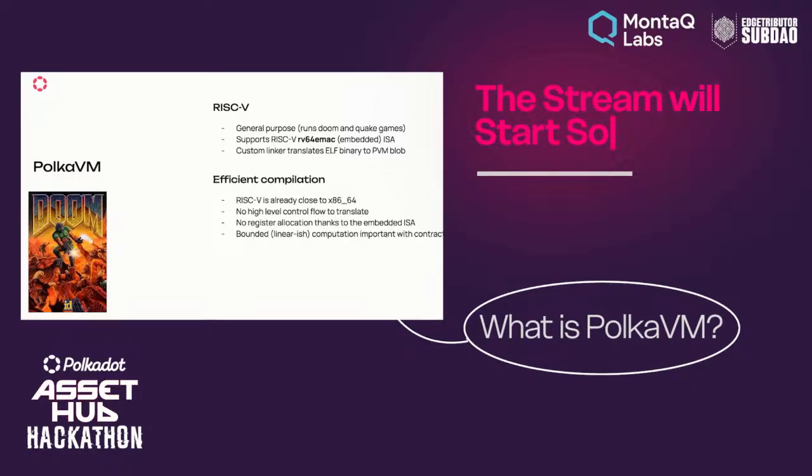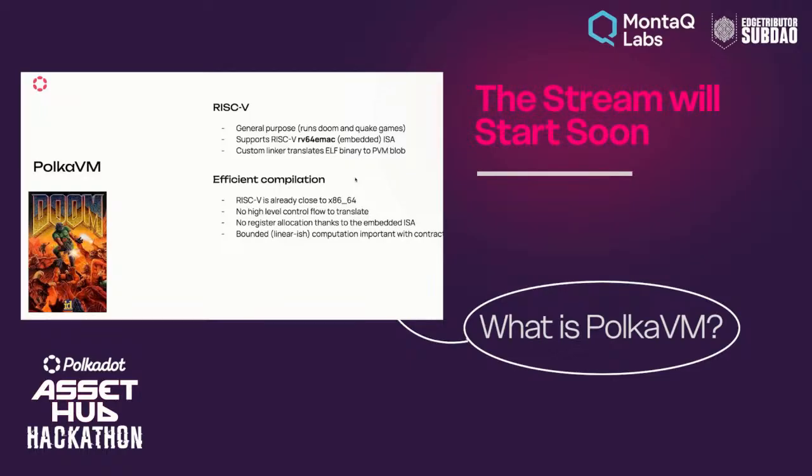PolkaVM provides very efficient compilation because RISC-V is very close to x86 bytecode. So all those hard, annoying compilation problems that we have with WebAssembly actually just don't exist. So we can compile those programs much faster. And it also means that we can let LLVM or whatever good compiler framework spend a lot of time off-chain producing very, very optimized blobs.